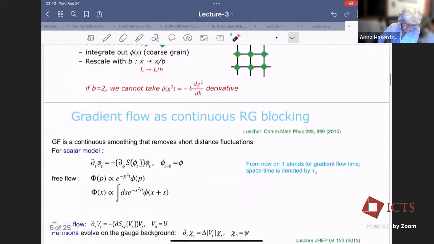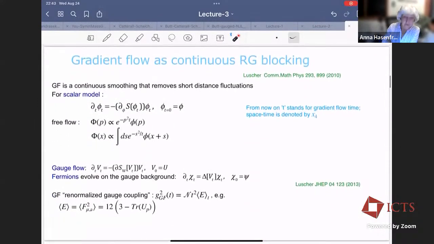Now that has changed with the introduction of gradient flow. Gradient flow was introduced by Lüscher back in 2010 for a very different purpose. He basically tried to do an improved lattice action or simulation method, and then eventually explained how gradient flow can be used to do scale setting in lattice calculations.